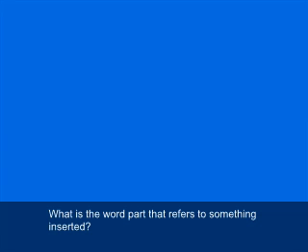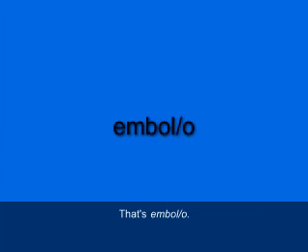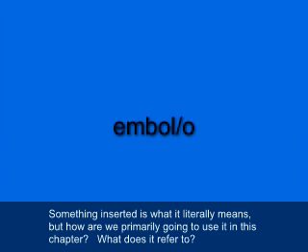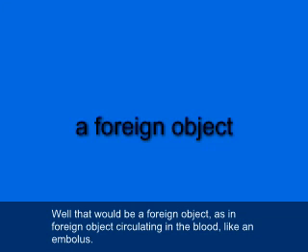What is a word part that refers to something inserted? That's embolo, EMBOL/O. Something inserted is what it literally means, but how are we primarily going to use it in this chapter? What does it refer to? Well, that would be a foreign object, as in a foreign object circulating in the blood, like an embolus.